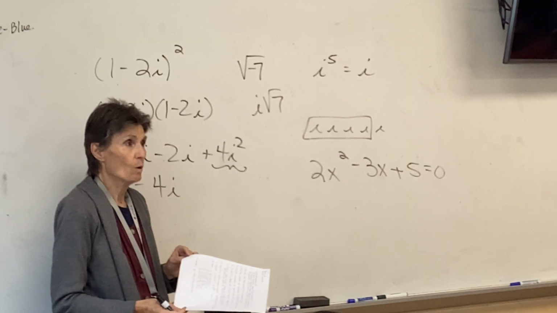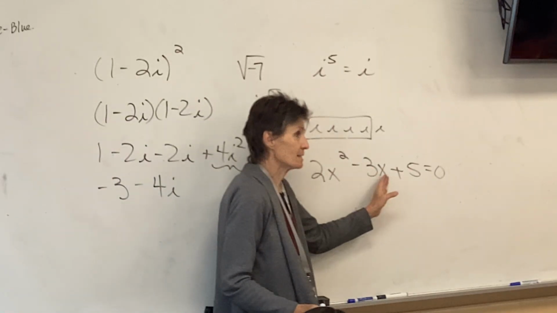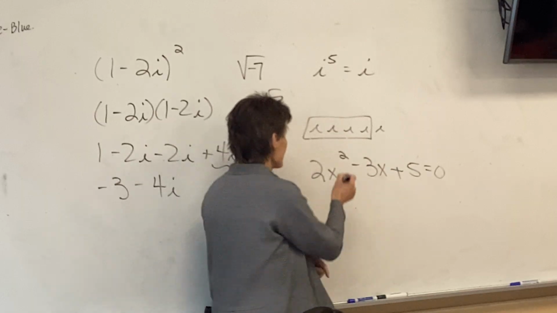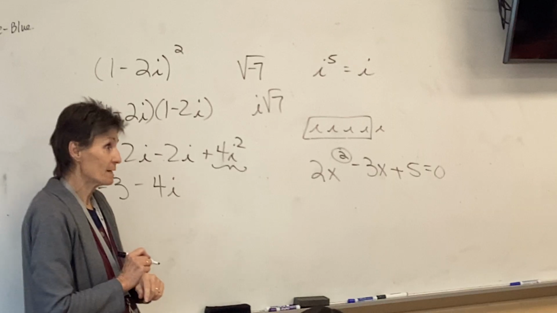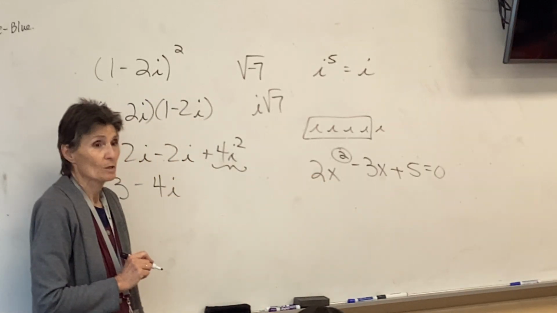So what do we do? Remember, this would have to have a minus and a minus. Actually, we don't need to do that yet, since quadratic formula is how we're going to solve this.